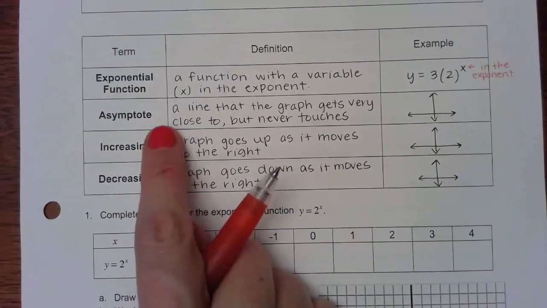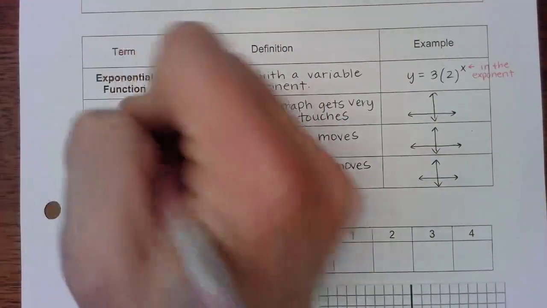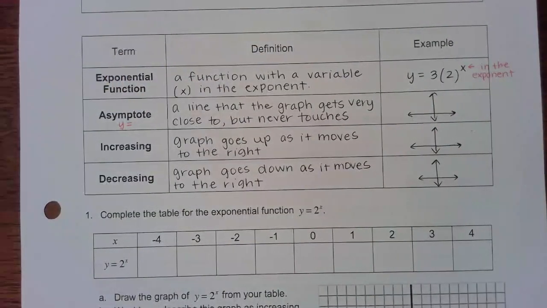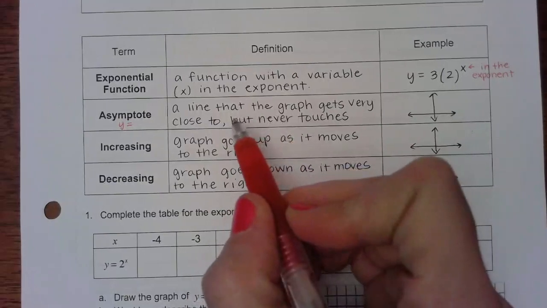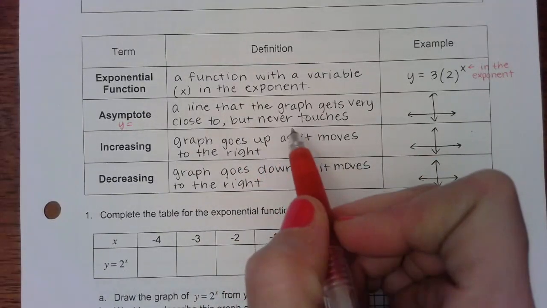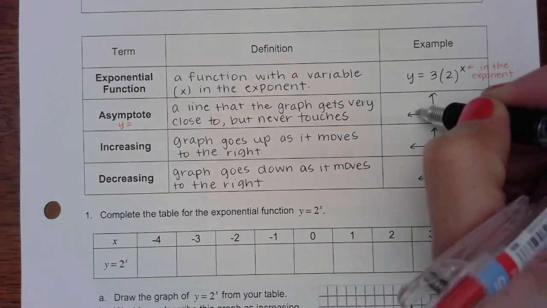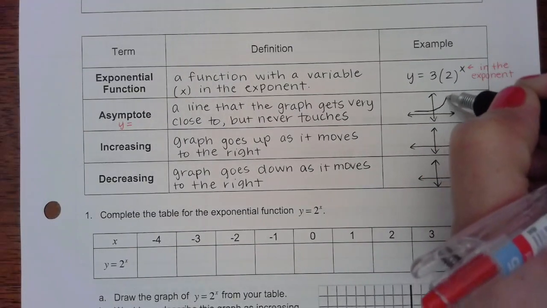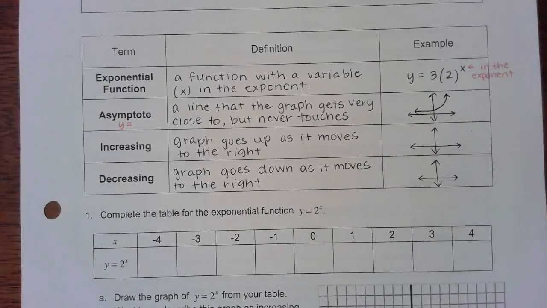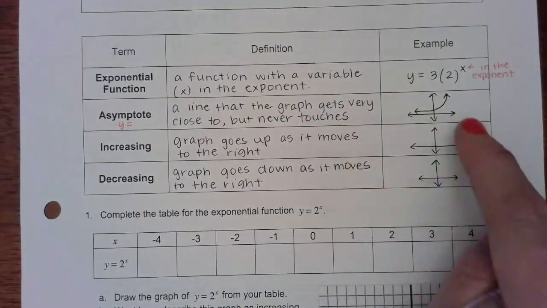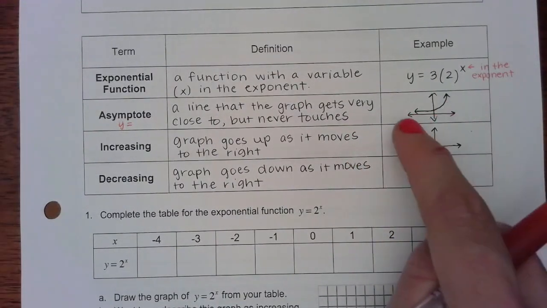An asymptote is always going to be y equals. For these graphs that we're studying in our class, an asymptote is defined as being a line that the graph gets very close to but never touches. This is an example of what one of the exponential functions might look like. This is the y-axis, this is the x-axis, and this black line right here is the function.